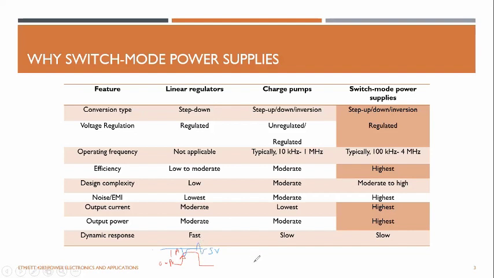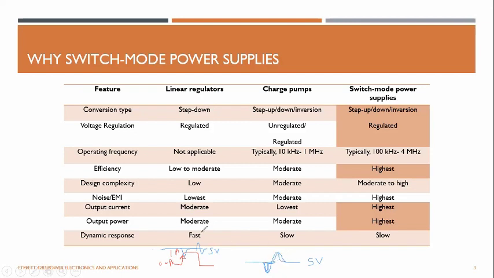So it's like this. This is your 5-volt reference, and this is your dynamic response, right? This settling time should be very short, which means the output should settle down to the 5-volt immediately, and these kinds of peaks and bumps should be avoided.